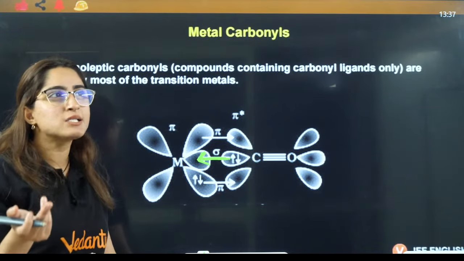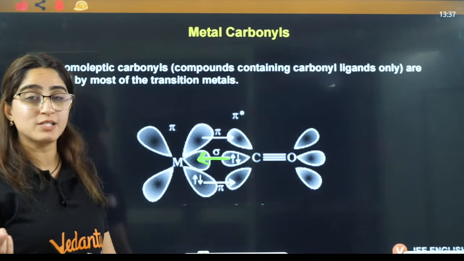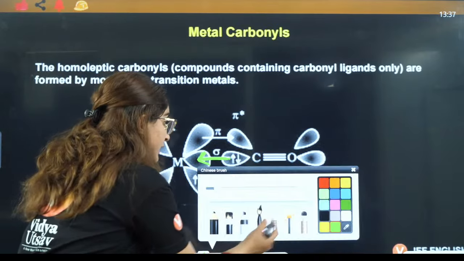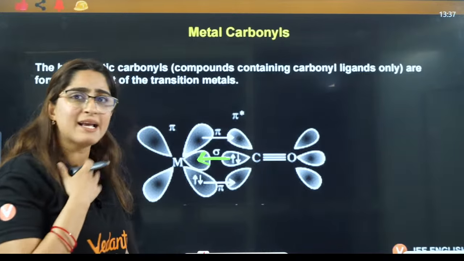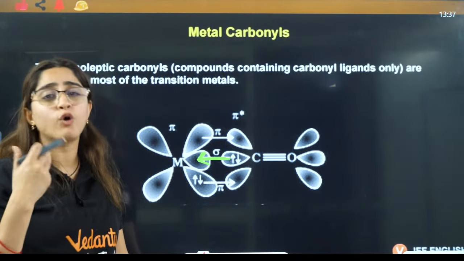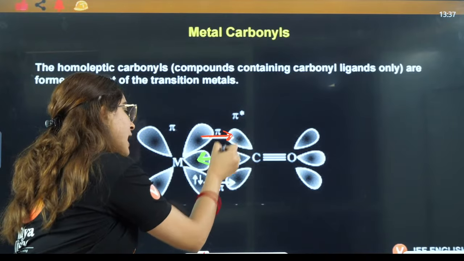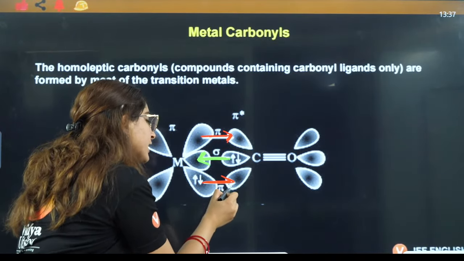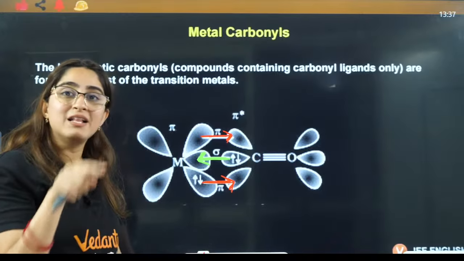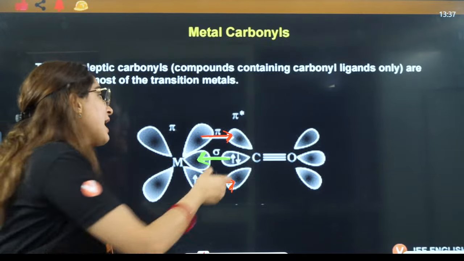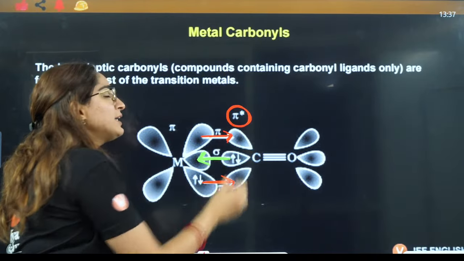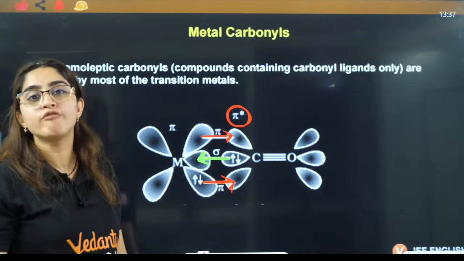But sometimes the metal behaves differently. Sometimes the metal is like, I also have electrons, I can also give electrons to you. So it also starts giving electrons, but it fills the electrons in the antibonding orbital of carbonyl.